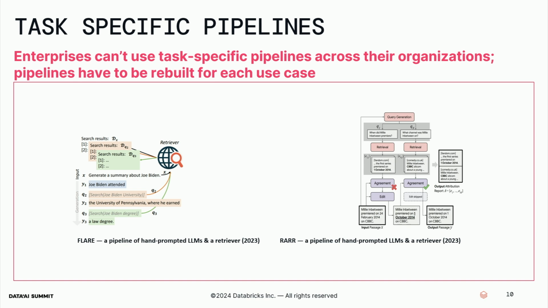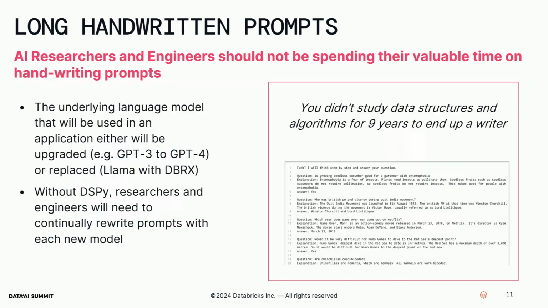Now, when these foundation models change, the retrieval model may change, these pipelines need to be robust to those changes. And AI researchers and engineers should focus their expertise on innovation rather than spending their time handwriting prompts. With the rapid pace of advancement in AI, models like GPT-3 and DBRX will be frequently upgraded and replaced, requiring prompt adjustments.